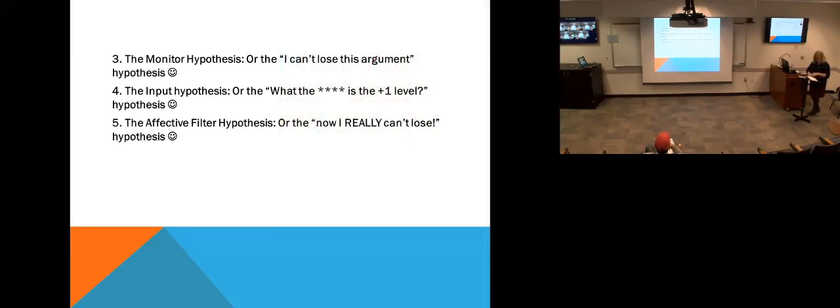What the monitor does is stop your production and make you check it. So it stops the spontaneity that you have with the acquired language. Children don't have a monitor when they learn their first language, right? They acquire their first language.